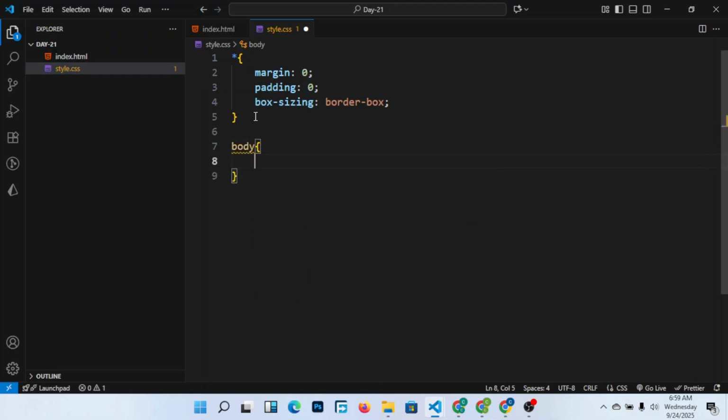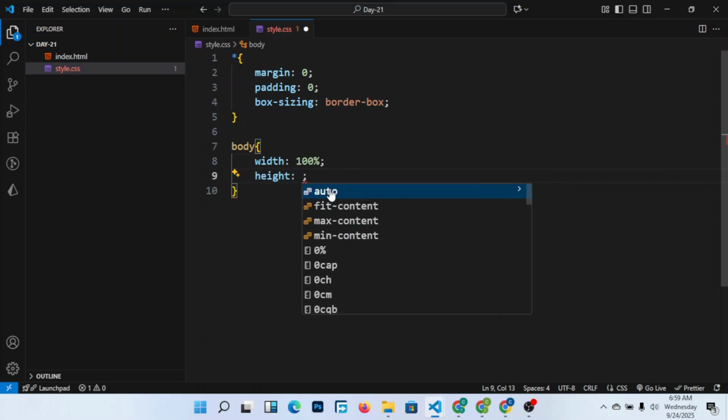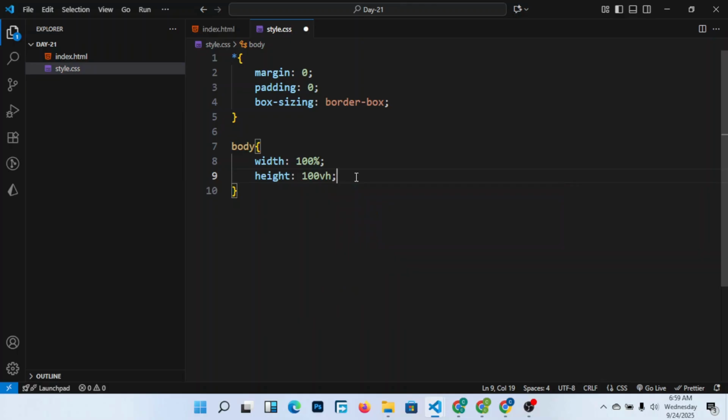I give it, for example, width 100%. And I say height. I give it, for example, 100 VH. And I come here, it's like that, okay?